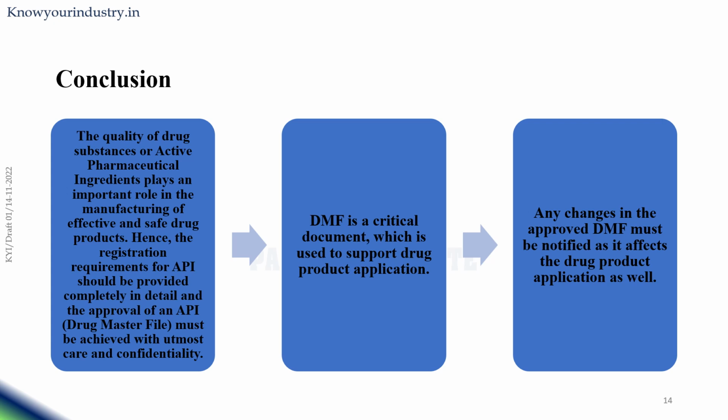Hence, the registration requirements for API should be provided completely in detail, and the approval of an API, that is Drug Master File, must be achieved with utmost care and confidentiality. DMF is a critical document which is used to support drug product application, and any changes in the approved DMF must be notified as it affects the drug product application as well.